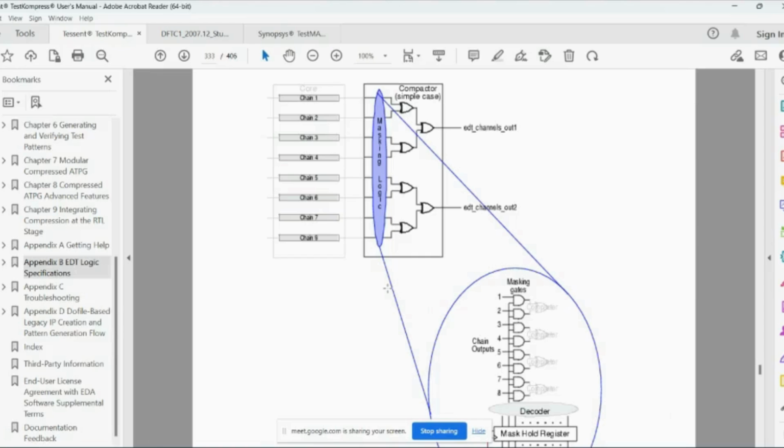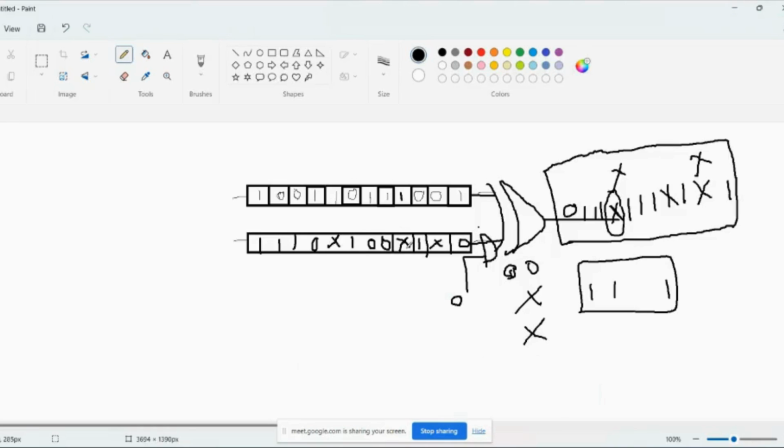So there are many strategies to avoid X propagation within the patterns as well. We will discuss how X propagation comes, why we get an X propagation, and why an X value is captured.